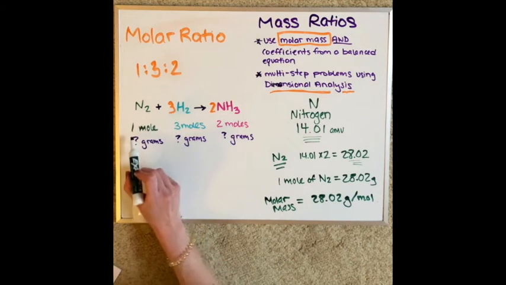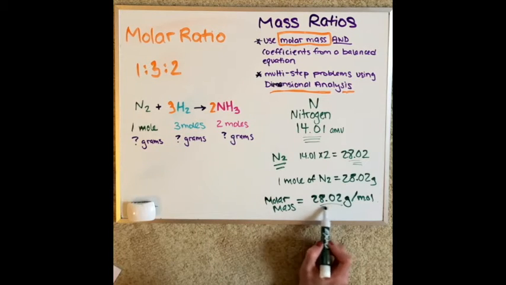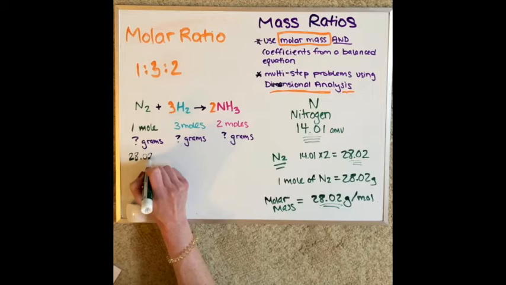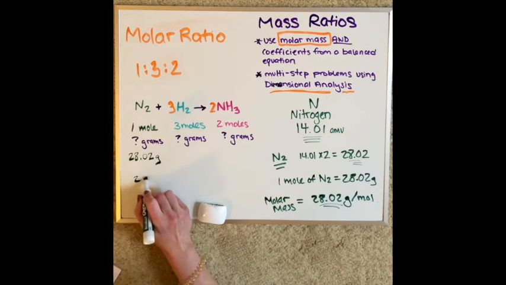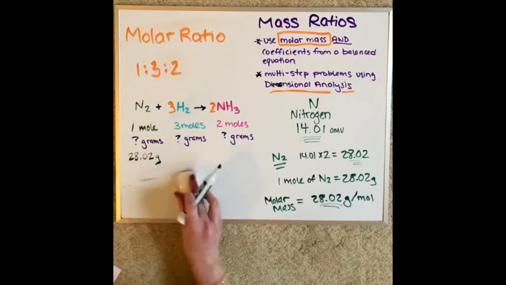So over here, look, we only have 1 mole. So all we need is 28.02 grams. If I needed 2 moles, I would have to take this number and multiply by 2, but I don't, I've got 1.